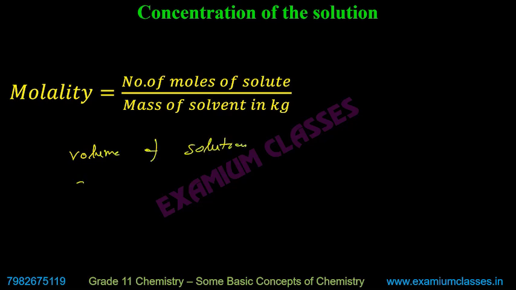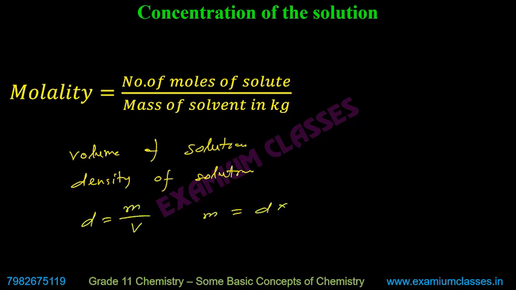Okay. So in a few questions, you will be given the volume of solution and the density of the solution. That will give you the mass of the solution because you know density is equal to mass over volume. From here, you will get mass equals density into volume. But this mass will be of the whole solution, not of the solvent only, because this volume is of the solution and this density is of the solution. So this multiplication will give you the mass of solution.